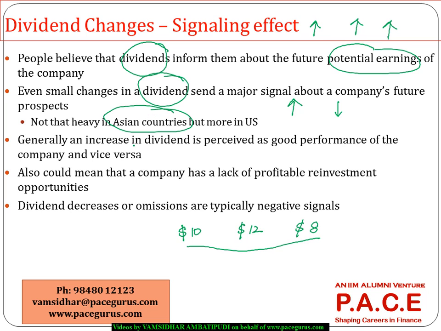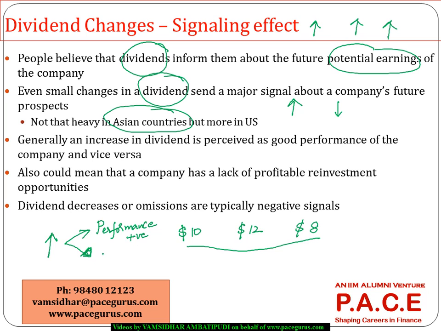But in general, across the world, if there is a dividend increase, there are two things that are typically looked at. One, performance is good, so that's why they have shared more dividend, which is looked at as a positive signal.